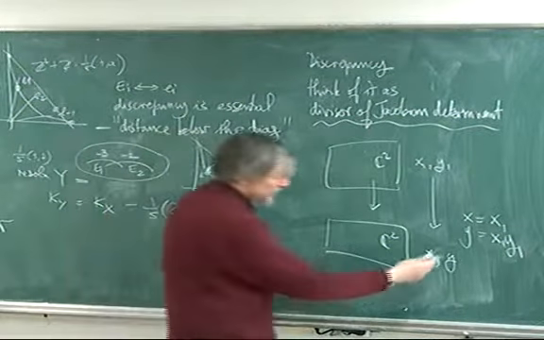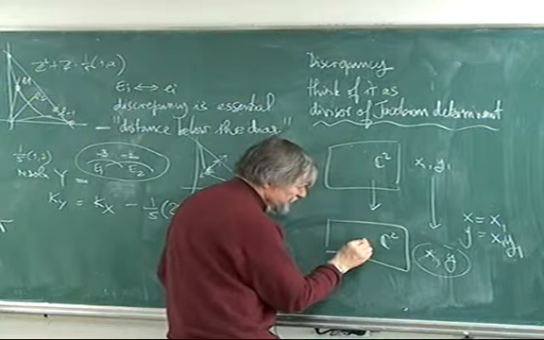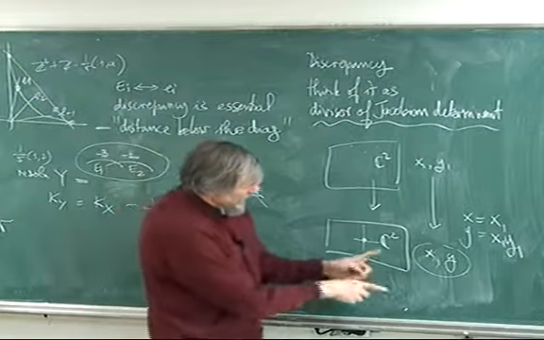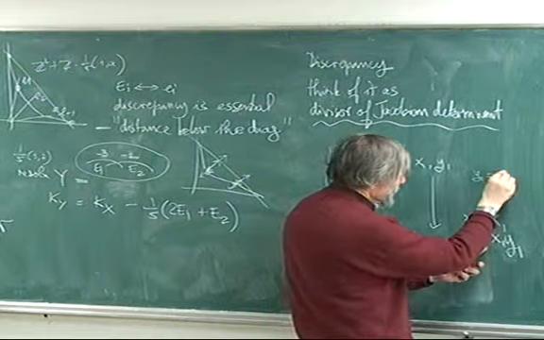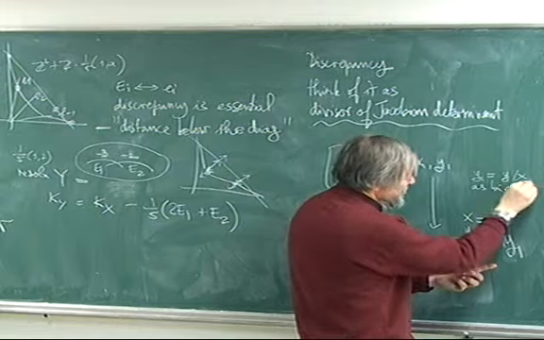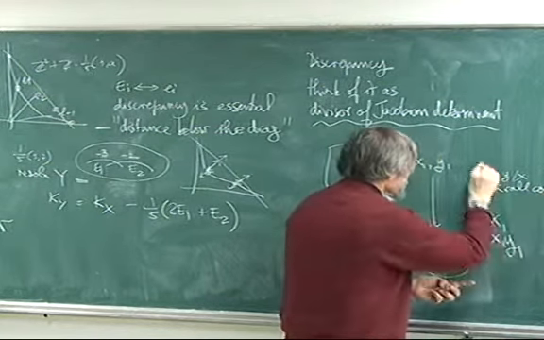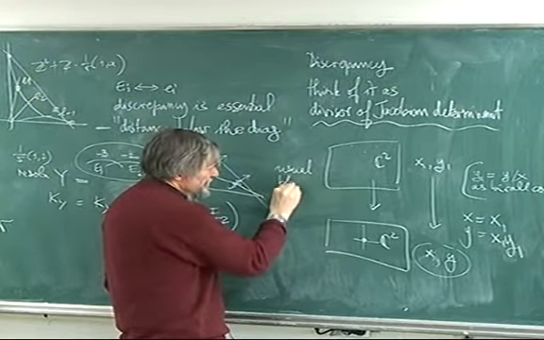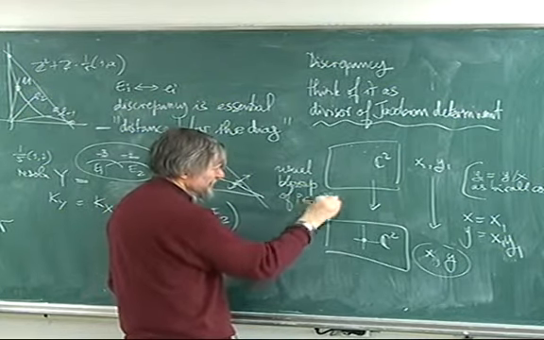I'm taking an ordinary copy of C2 with a point with coordinates x, y, and I'm allowing myself to write y1 equals y over x as birational coordinates. So this is just the ordinary, usual blow-up of a point in C2, restricted to an open set.